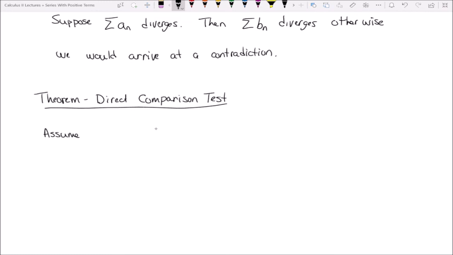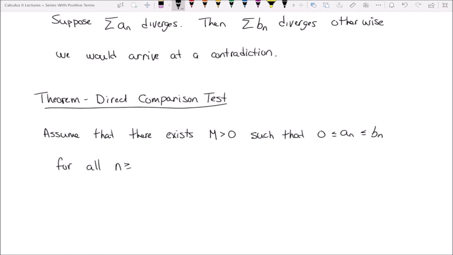Assume that there exists some m larger than 0 such that 0 is less than or equal to a sub n, less than or equal to b sub n, for all n greater than or equal to m.